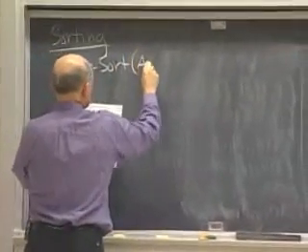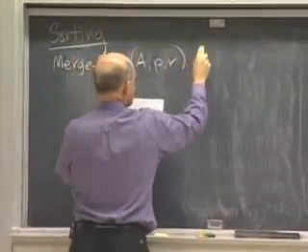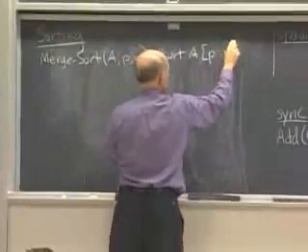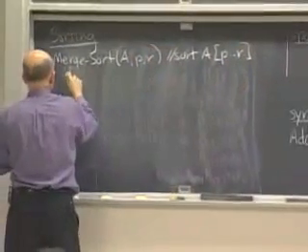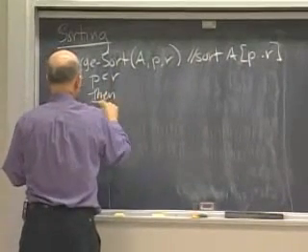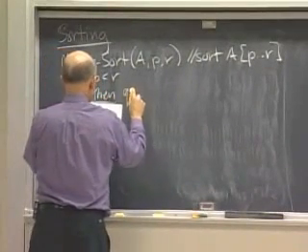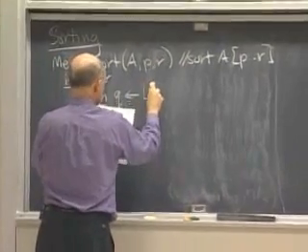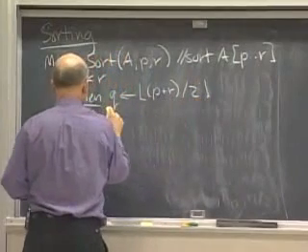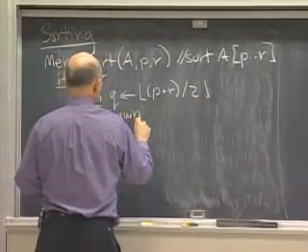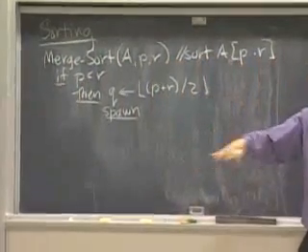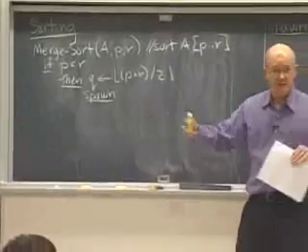So here's merge sort. It's going to sort A of P to R. If P is less than R, then we get the middle element Q. And then we'll spawn off, since as you recall, when you merge sort, you first recursively sort the two subarrays.